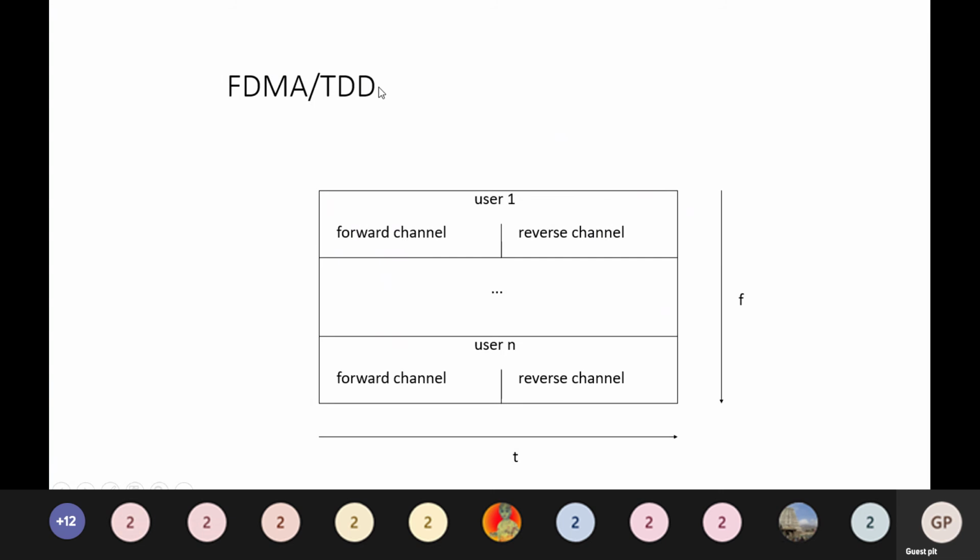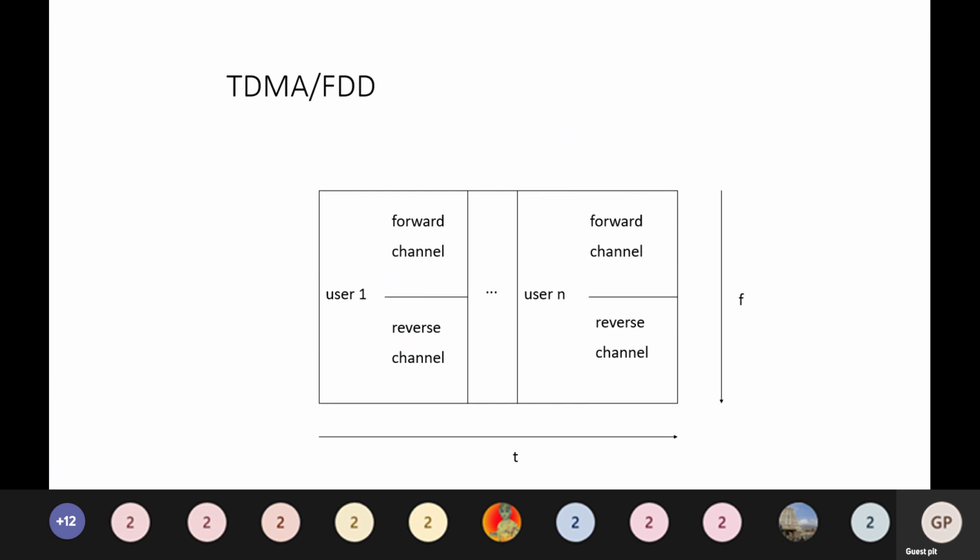In time division multiple access, each user is allocated a particular time slot.